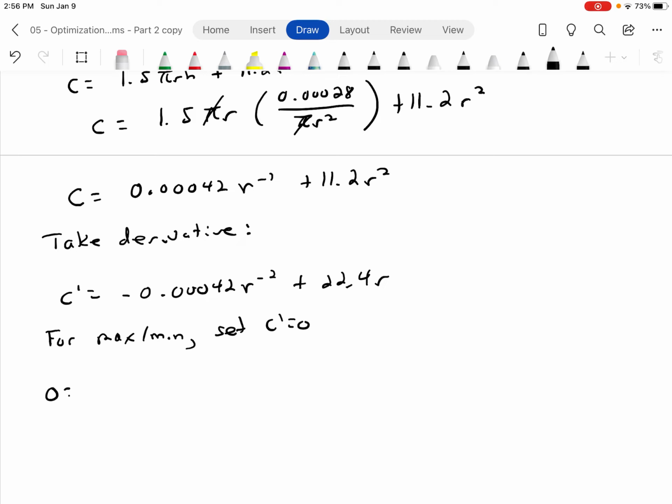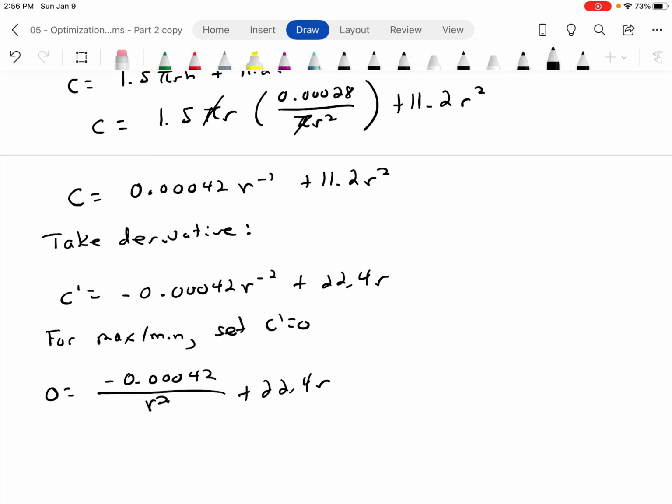set C prime equals 0, so I get 0 equals, I'm going to tidy this up as I go, negative 0.00042 over r squared equals plus 22.4r. And there's lots of ways to handle this. Like I was starting to say, you could multiply through by r squared here.